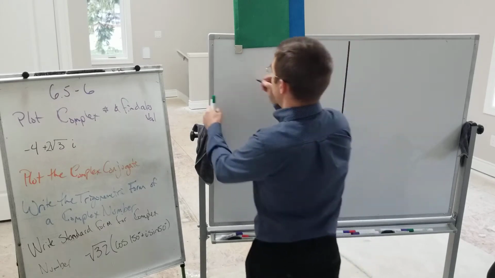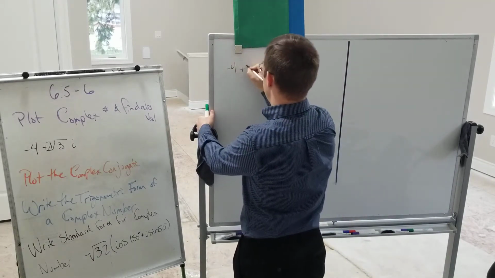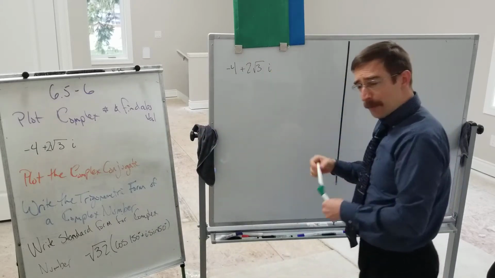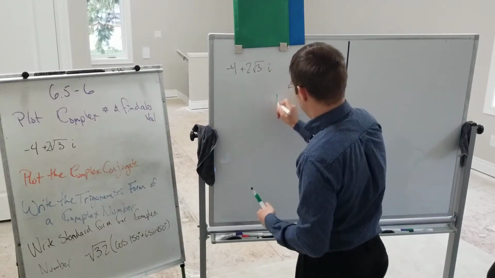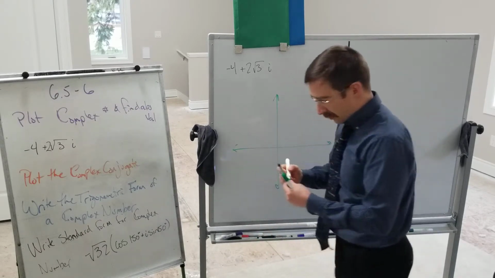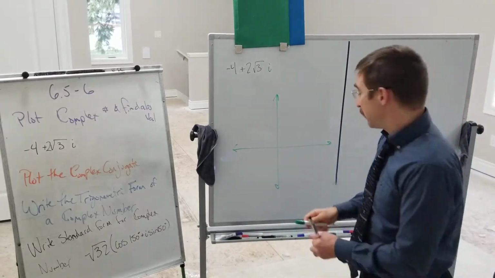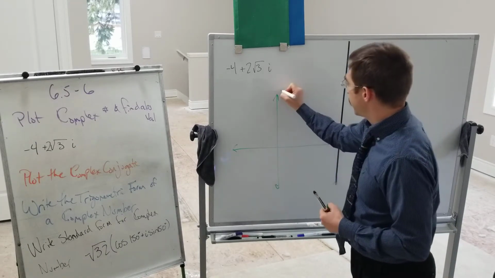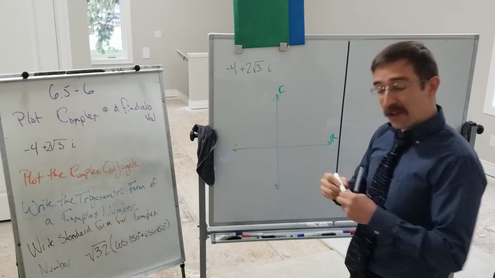So we have -4 plus 2 square root of 3i. The complex plane is like the regular coordinate axes, but instead of the x-axis, we have the real axis, and instead of the y-axis, we have the complex axis.